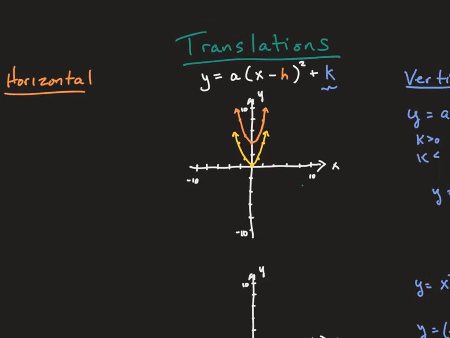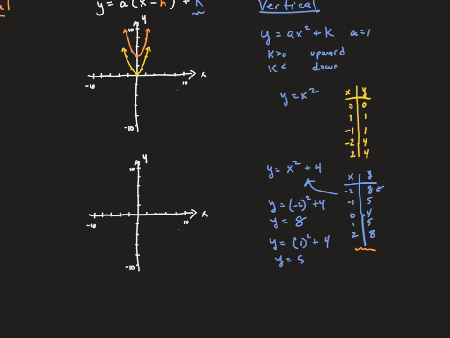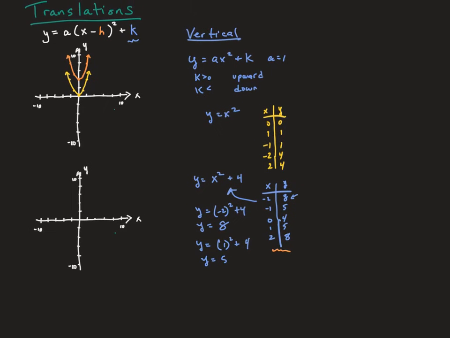And if we do it again, and we look at possibly negative 6, I come over here and I say y is equal to x squared minus 6. I'm going to use the same x values: negative 2, negative 1, 0, 1, and 2.